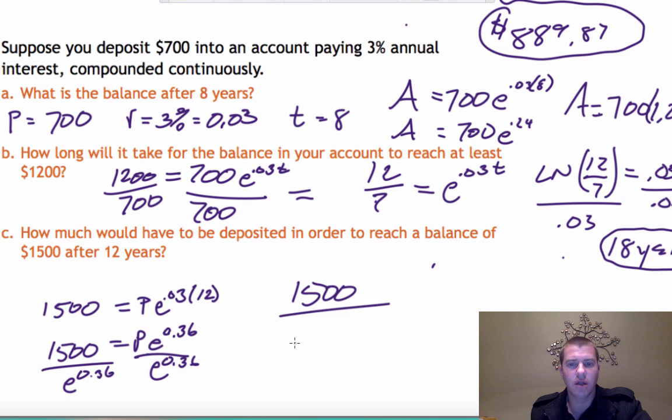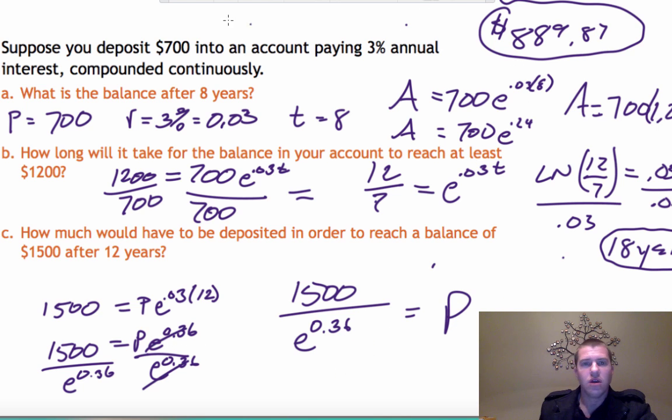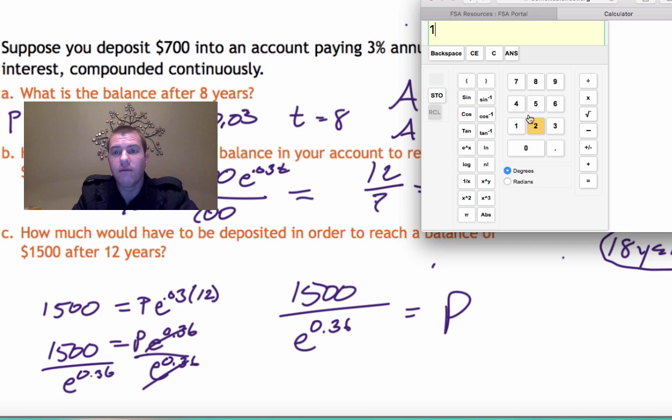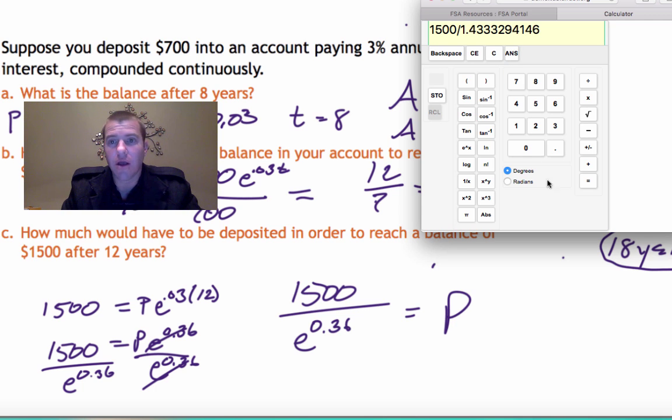You can do it like this and type that in the calculator and you will get that P, because these will cancel out. Or you can do it this way. I'll show you two ways to get the exact answer. So you can type 1,500 divided by, and my last answer was that e raised to the 0.36, so I'm going to put ANS. That represents the previous answer, and then press equals.